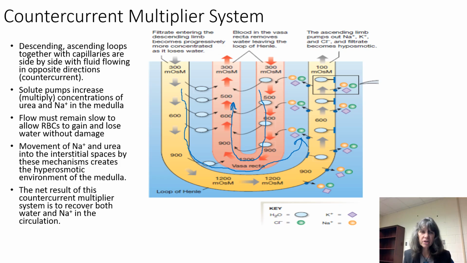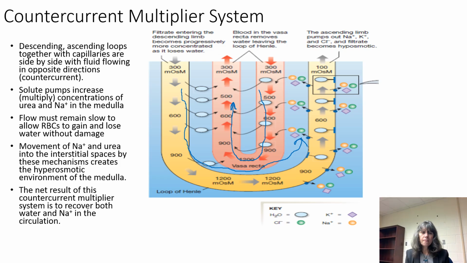Solute pumps are going to increase, multiply the concentrations of urea and sodium into the medullary portion of the kidney. And that helps slow down the movement of the flow so that the erythrocytes can gain and lose water without being damaged, so they don't get too much water and swell and lyse, nor do they lose too much water at the same time and crenate and shrink.